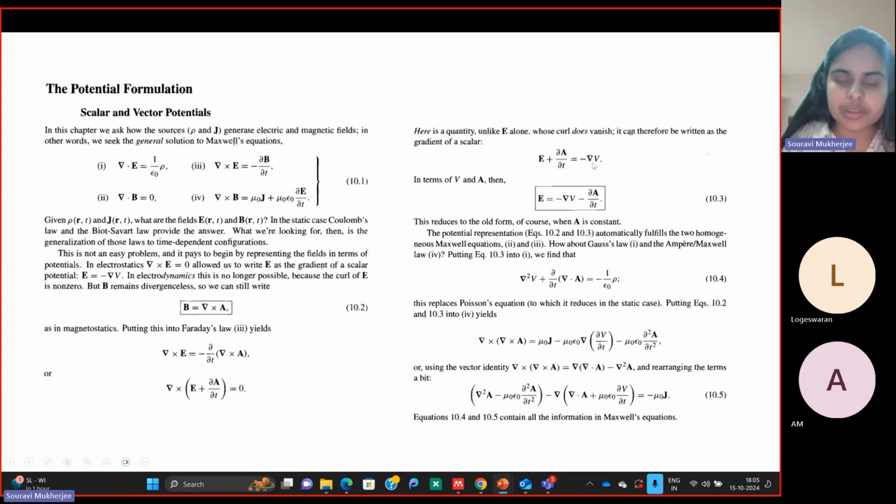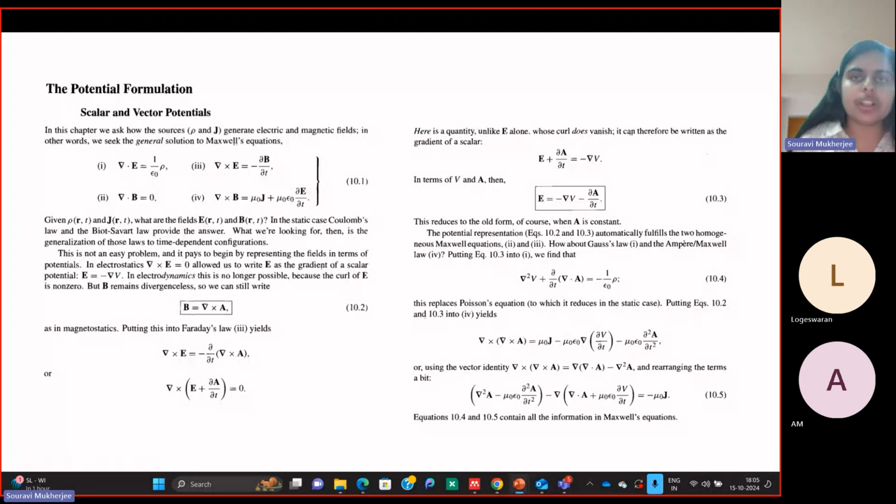It's important to note that what we finally want to find are the electric and magnetic field intensities. Those are our observables, the important physical quantities. The absolute value of the scalar or the vector potentials is not that important. For example, the absolute value of the scalar potential V does not matter.